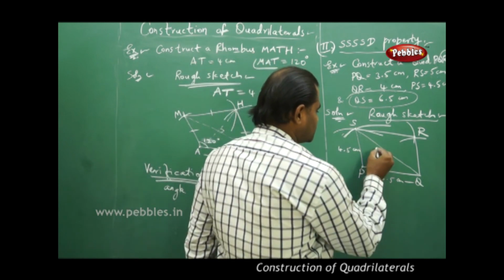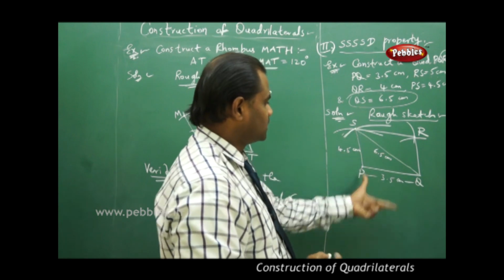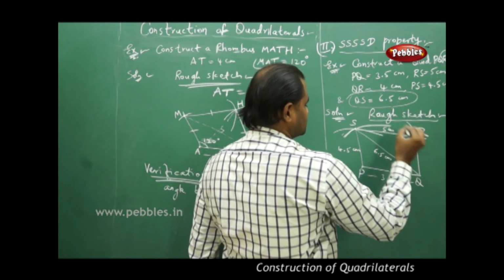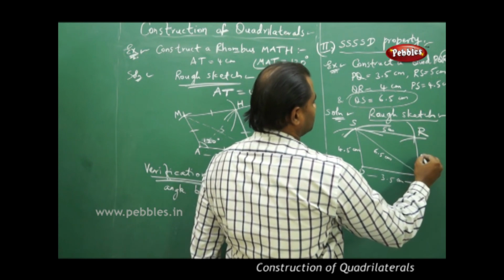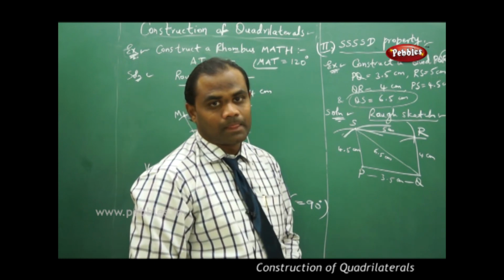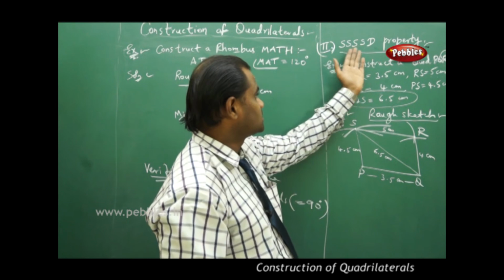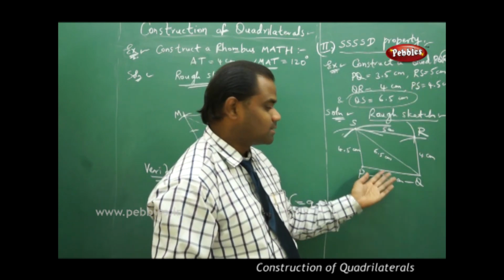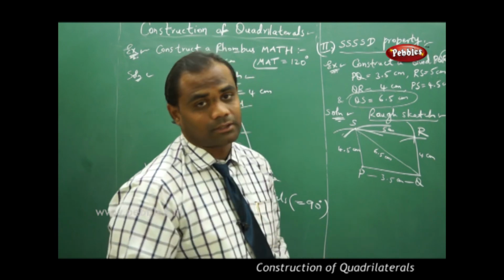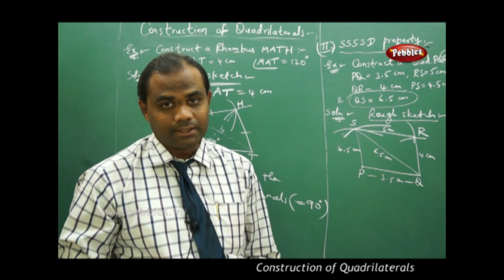My QS, which is 6.5, should be checked with the ruler, and SR, which is given as 5 centimeters, is this, and RQ is 4 centimeters, which is given out here. The other diagonal dimension is not required in the case of the SSSD property, as we have seen. So this is how a quadrilateral can be constructed from even the second property of the SSSD property.